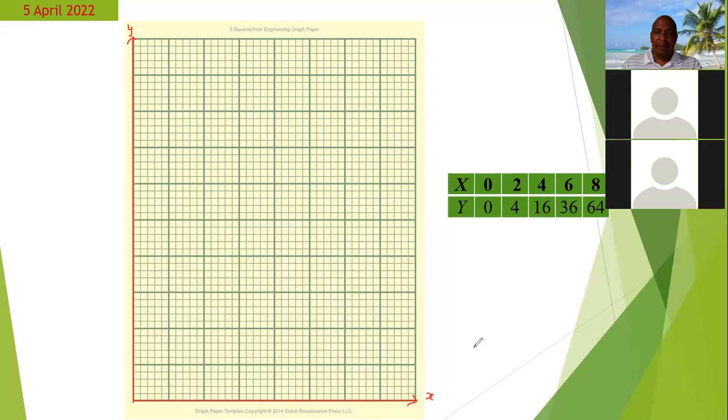Now, the next step, you want to choose a scale for the X-axis and you want to choose a scale for the Y-axis. But before you jump and choose a scale, look at the values in your table to help you do that. So for your table, the x values go from 0 to 8.